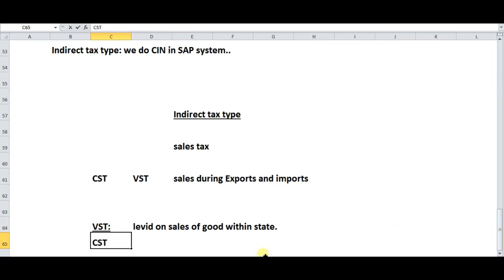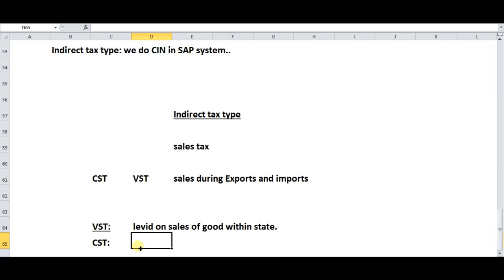Like the way CST, Central Sales Tax. Central sales tax is levied on sales of goods by the central government, but the revenue goes to the state government.